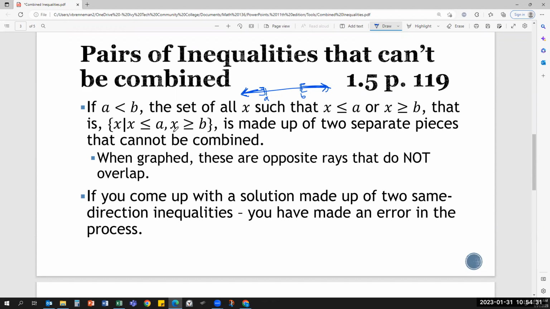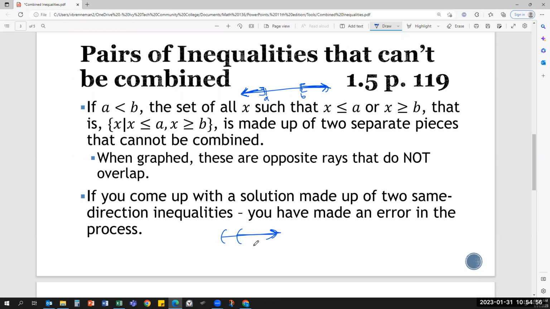That is a valid type of inequality you will see. Now, on the other hand, if you come up with a solution that has two same direction inequalities, you've made a mistake. You shouldn't have that. So those would be graphed basically as two rays pointing the same direction overlapping. I would tell you what to do with them, but you don't need to. All you need to know is if you're seeing that, that's wrong. You've made a mistake.